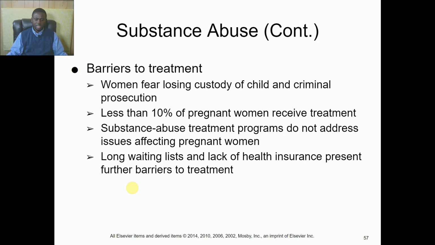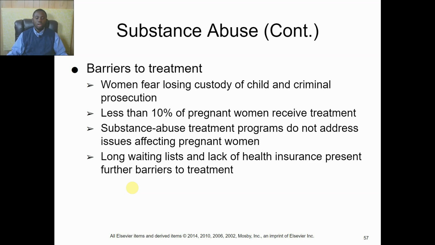Less than 10% of pregnant women receive treatment for substance abuse, although it is very prevalent. And so substance abuse treatment programs do not address issues affecting pregnant women because most of the rehab centers are not willing to admit pregnant women into their programs.